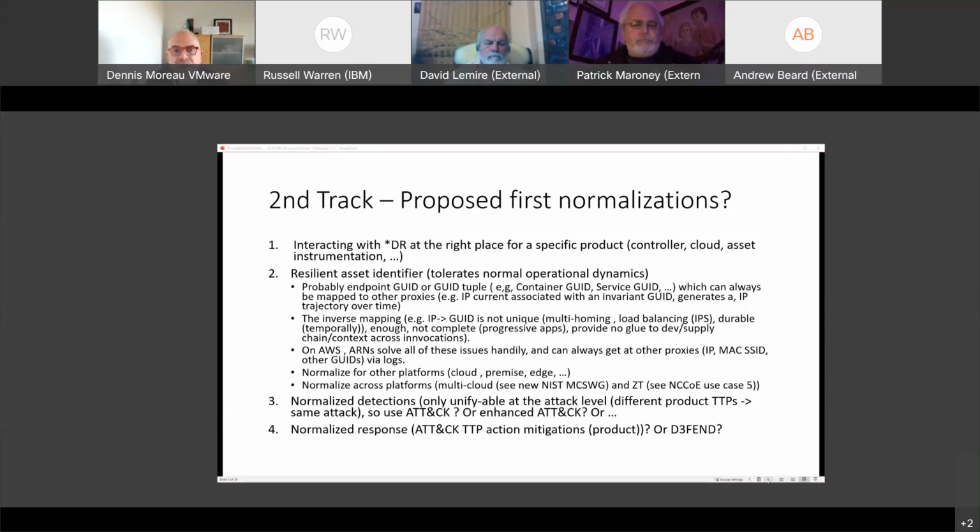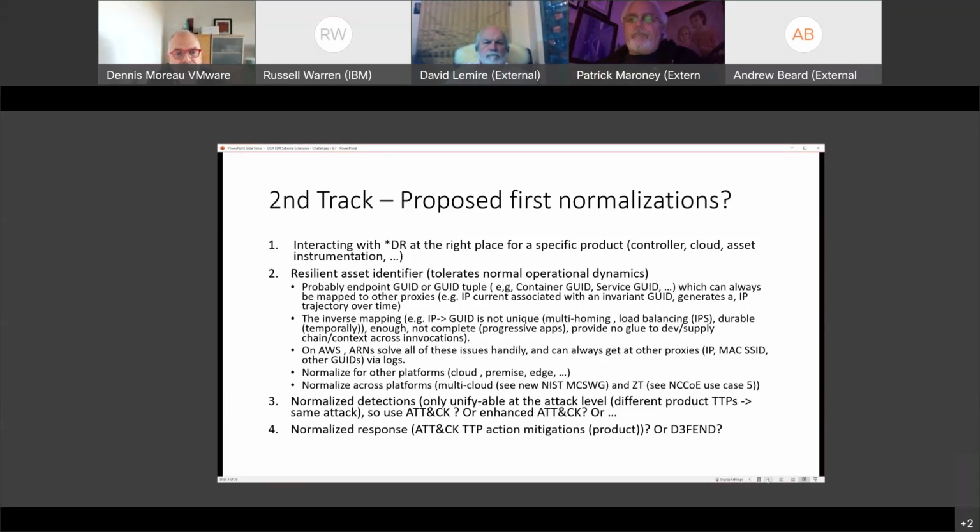You don't have that if all you use is IP addresses and MAC addresses and system SIDs, and you're trying to connect across network detection and response and endpoint detection and response and the underlying dynamics of the things that you're monitoring and protecting, much less the mitigations that you might put in place. On AWS, ARNs, the Amazon Resource Names, handily solve this problem and can always be resolved to those other proxies, so that we can connect the dots to the rest of the infrastructure.